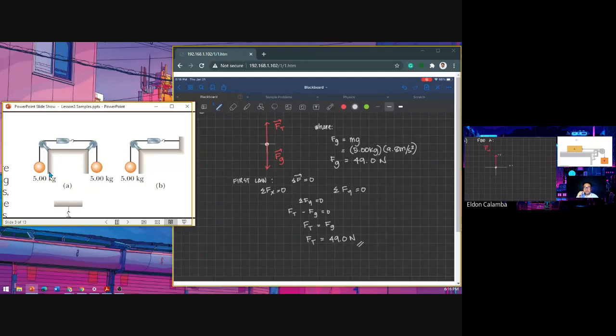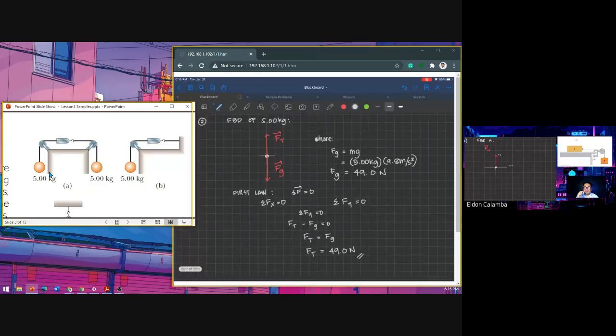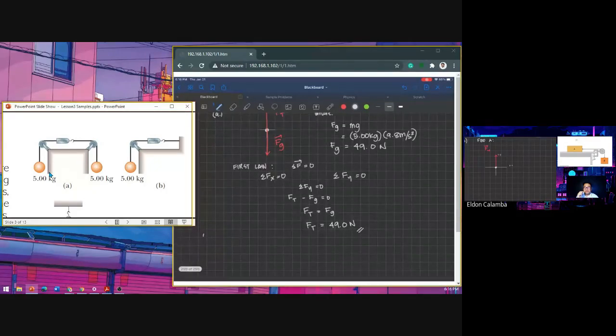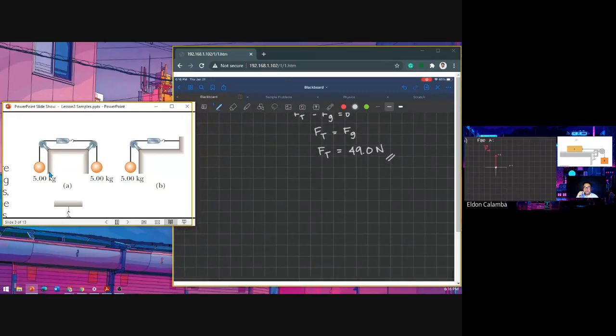Okay? So this is letter A, by the way. Let's have letter B. Ayan. For letter B, it is as if parang the same lang sila ni situation A, di ba? So if mag-draw ka pa din ng FBD dyan, sige, SOP natin, kasi pinapa-SOP ko kayo na gawin dapat ang FBD always.